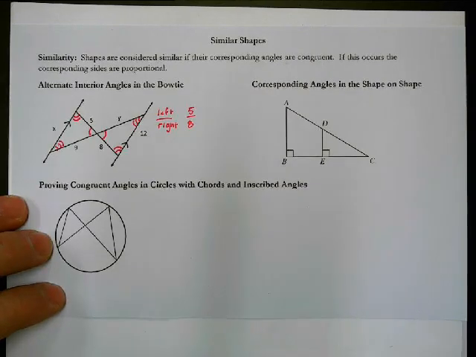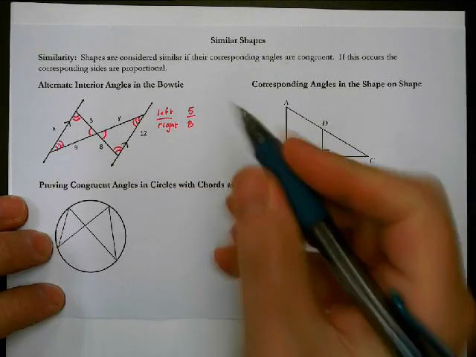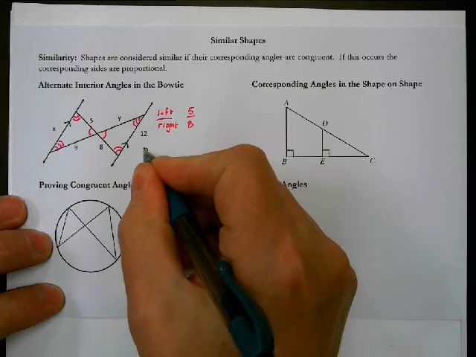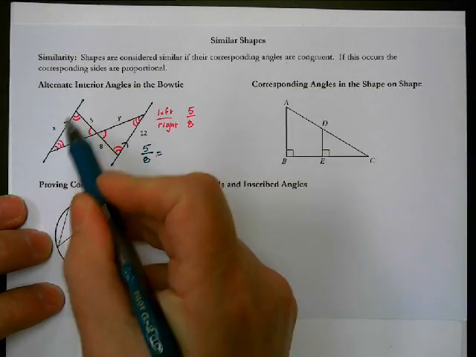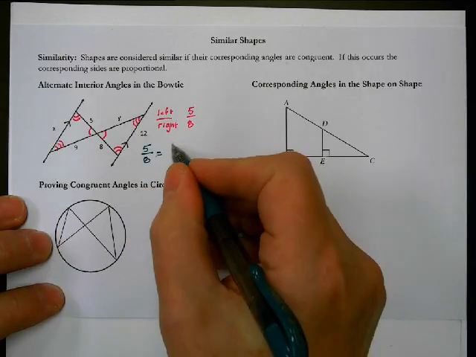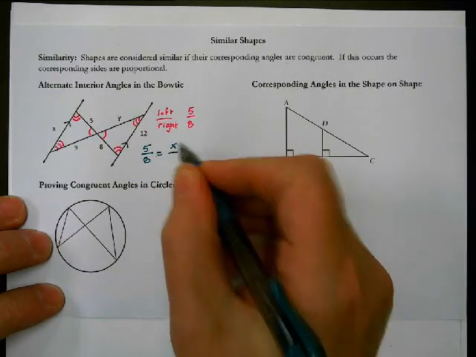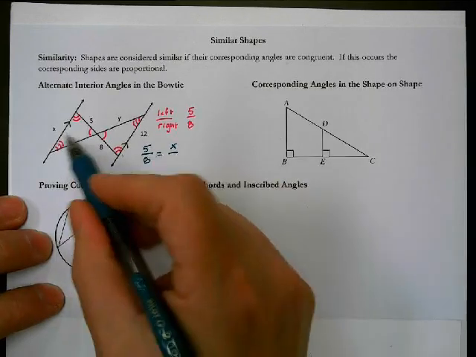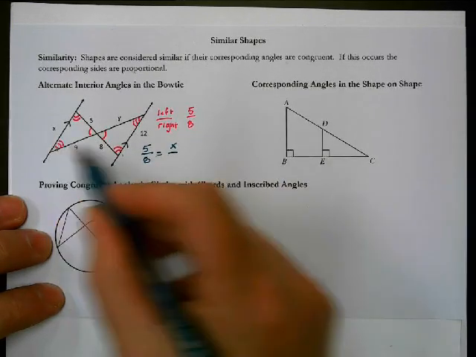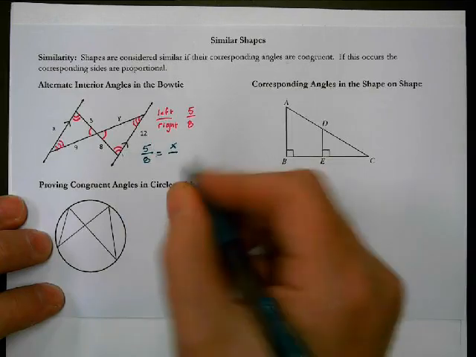So now I can use that proportion to solve for all my missing sides. Let me get a pen here. Let's start by solving for x. So my ratio is 5 to 8, comparing left to right. X is from the left one, so I would put that in the numerator. And then the corresponding side, the one that matches it between angle 2 and angle 3, that would be 12.